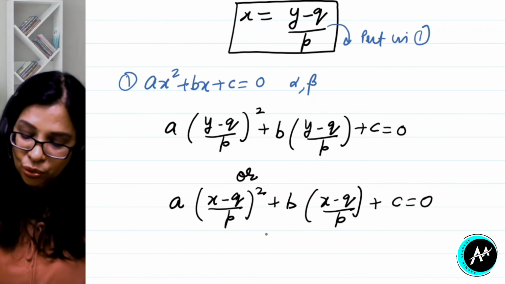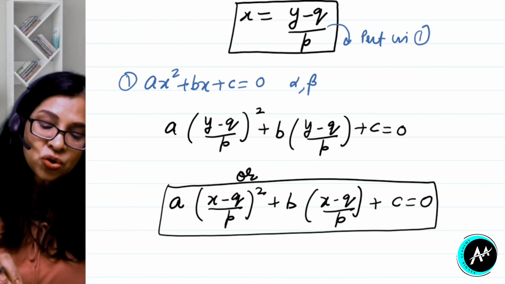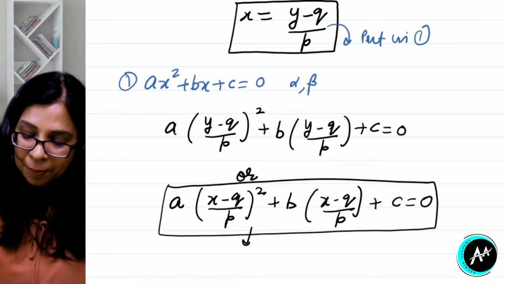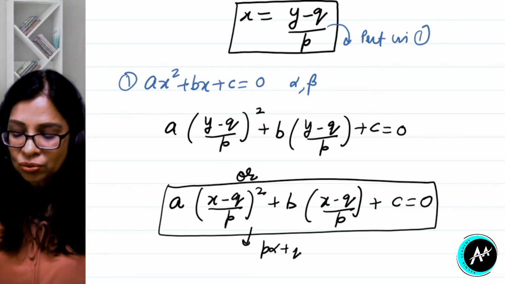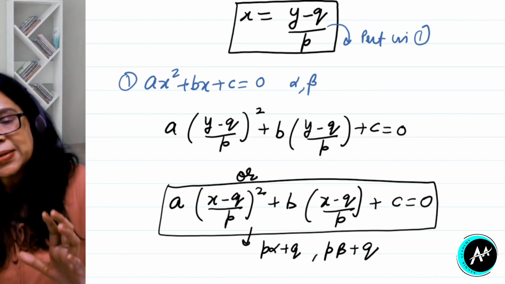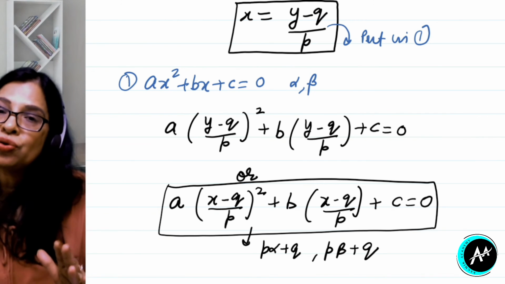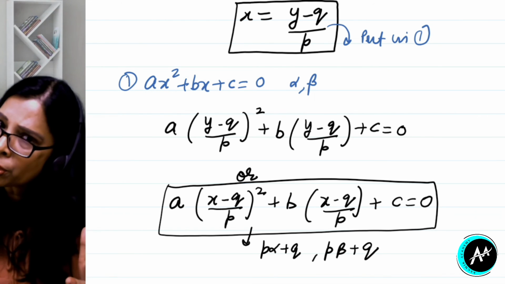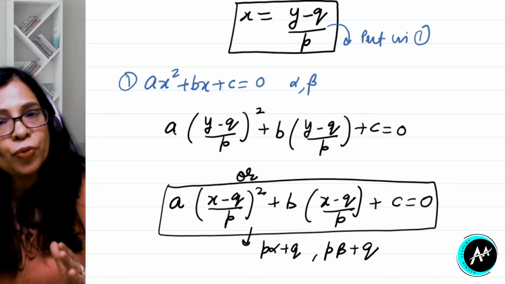So this is the new equation whose roots are going to be p alpha plus q and p beta plus q. So basically this is the general method to transform the given equation without using the concept of sum and product of roots.